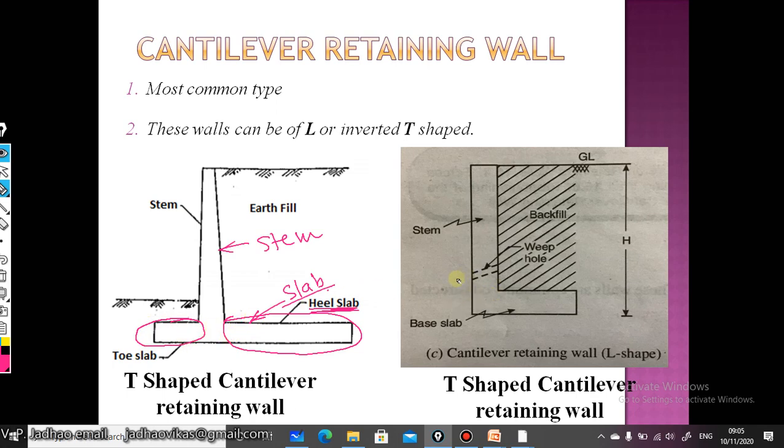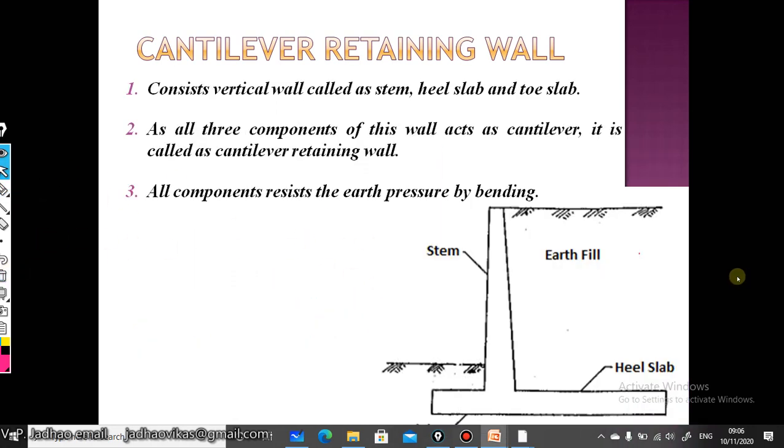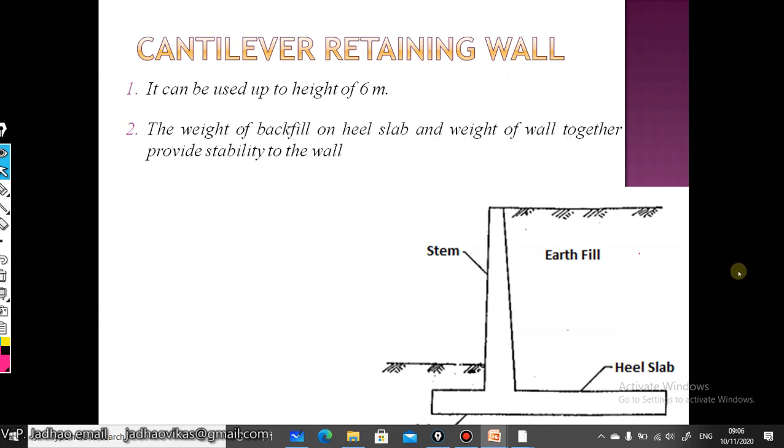Whereas in case of this L type retaining wall, no toe slab is provided. These types of cantilever retaining wall can be used for retaining earth soil up to a height of 6 meters.